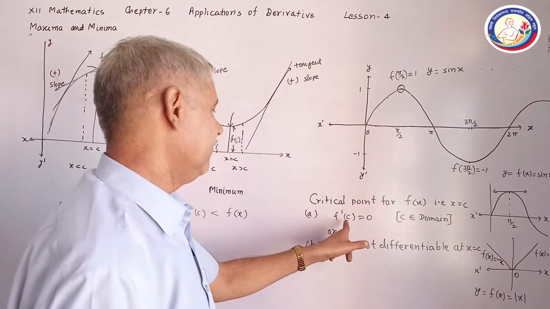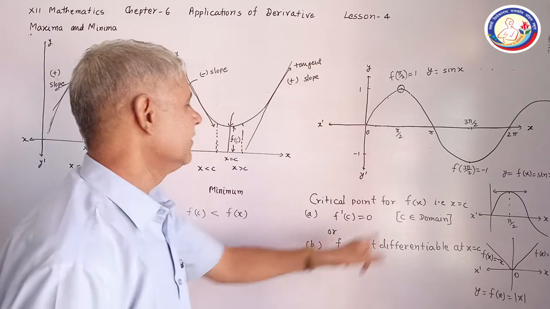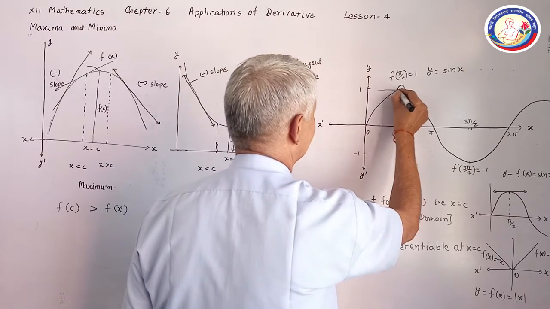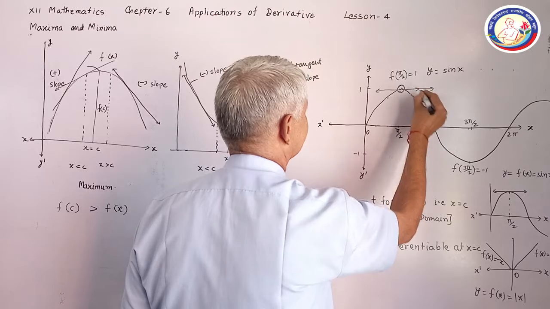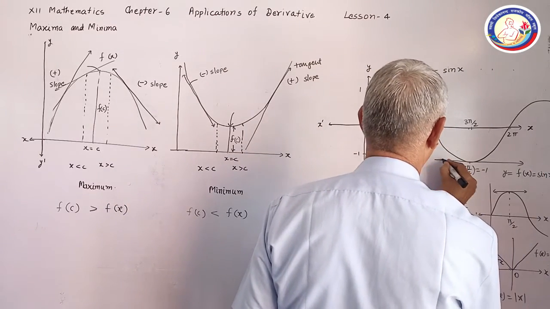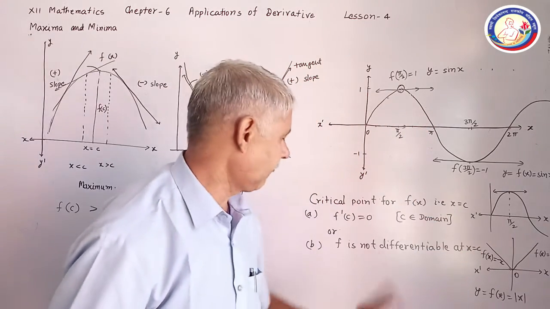A critical point is a point where the derivative is 0, and its geometrical meaning is this: say this is a point of maxima or minima, here the tangent will be parallel to the x-axis, and here also the tangent will be parallel to the x-axis.